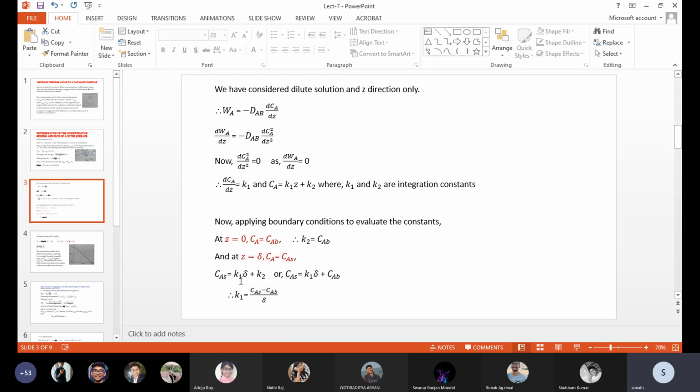Then CA is equal to CAs is equal to k1 delta plus k2. Now the k2 value we know, CAb. So from here we get k1 is equal to (CAs minus CAb) by delta. So we could get the values of k1 and k2.